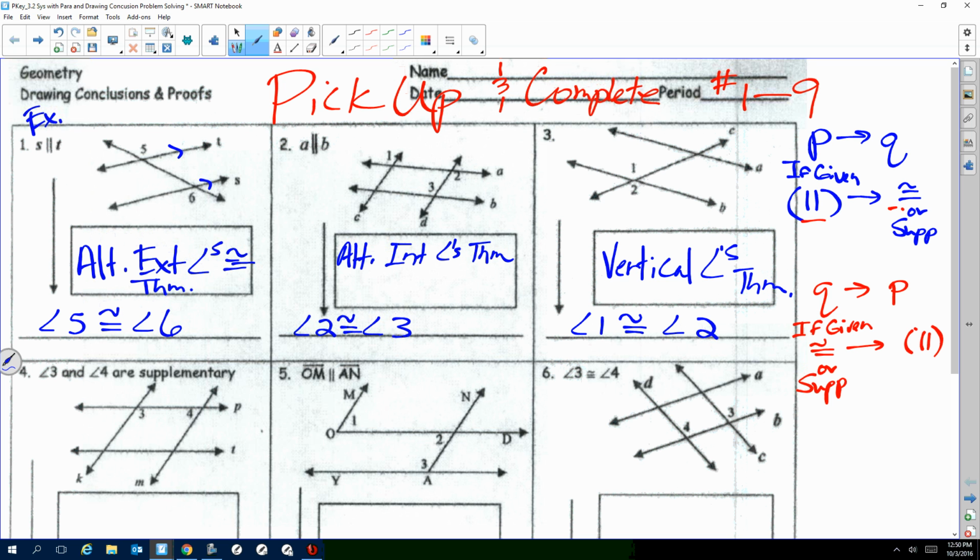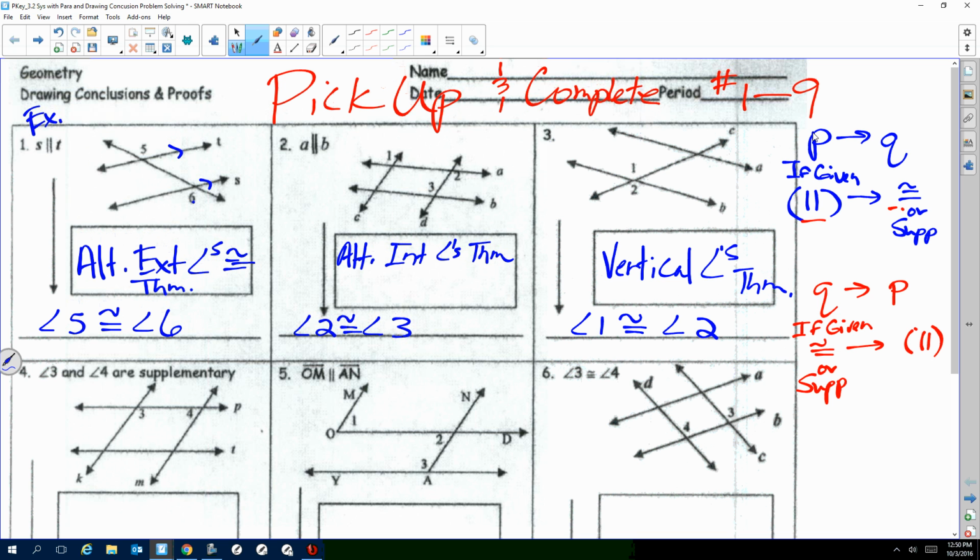Right now, if I look at 5 and 6, what is the relationship of 5 and 6 whenever lines are parallel? They are congruent. What type of angles are 5 and 6? Alternate exterior. So the conclusion I could draw is angle 5 is congruent to angle 6. Why? Because the alternate exterior angles theorem states that they would be congruent when lines are parallel.